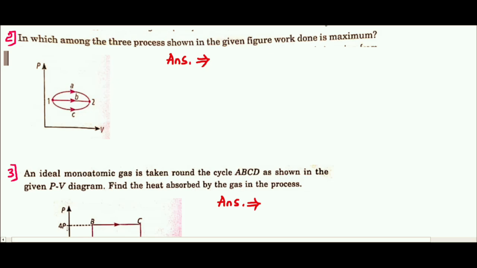But in the ideal case there is no intermolecular interaction taking place, therefore potential energy turns out to be zero. Hence the nature of the internal energy is purely kinetic in nature, purely kinetic, right? So I hope the first question is clear for everyone.